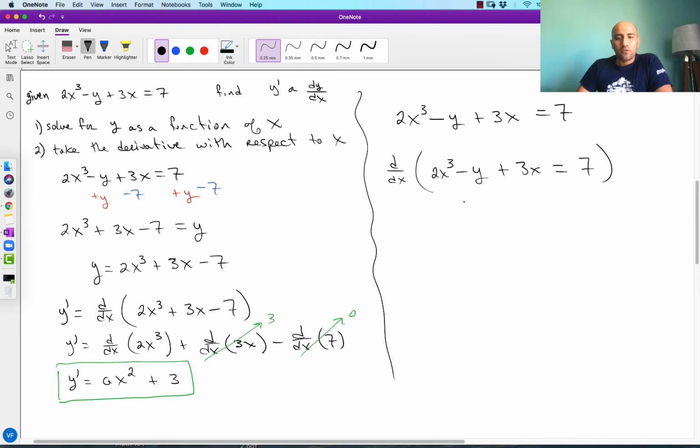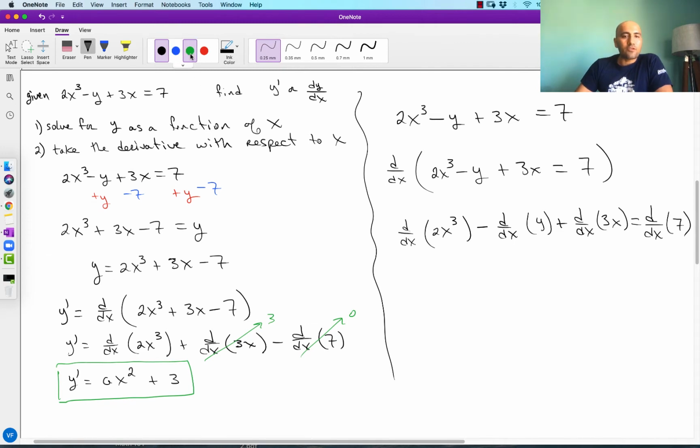Now let's separate these guys. This means that this is going to be d dx of 2x cubed minus d dx of the y plus d dx of the 3x equals the derivative with respect to x of the 7.